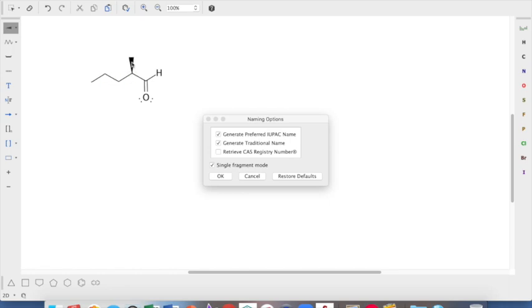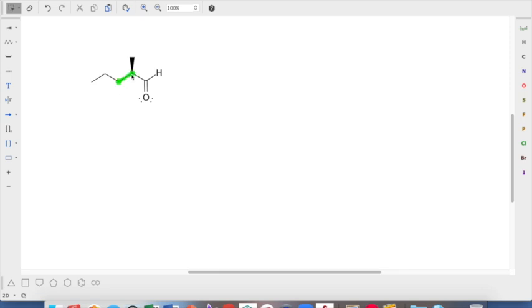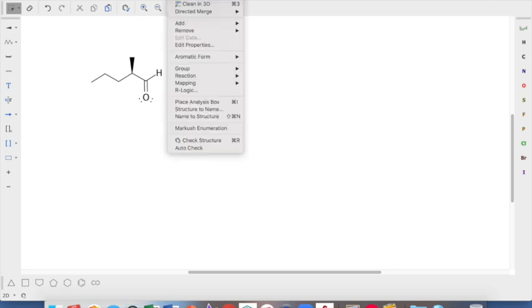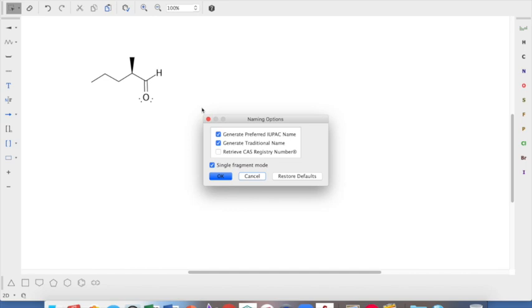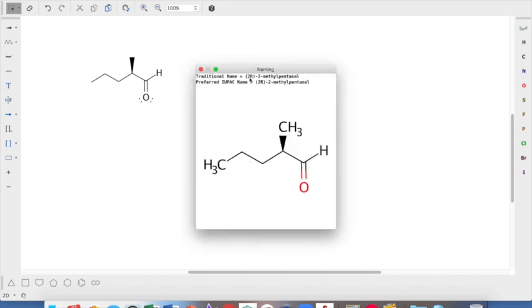So this aldehyde, what's the longest chain? 1, 2, 3, 4, 5 carbons long, and it's got a methyl there. Is that R or S? Let's look, A, B, C. It looks like R. So I'm going to go 2R, 2-methylpentanal. Let's see. Structure to name. Paste it. 2R, 2-methylpentanal. Instead of pentane, the -e became -al. Not too bad, right?